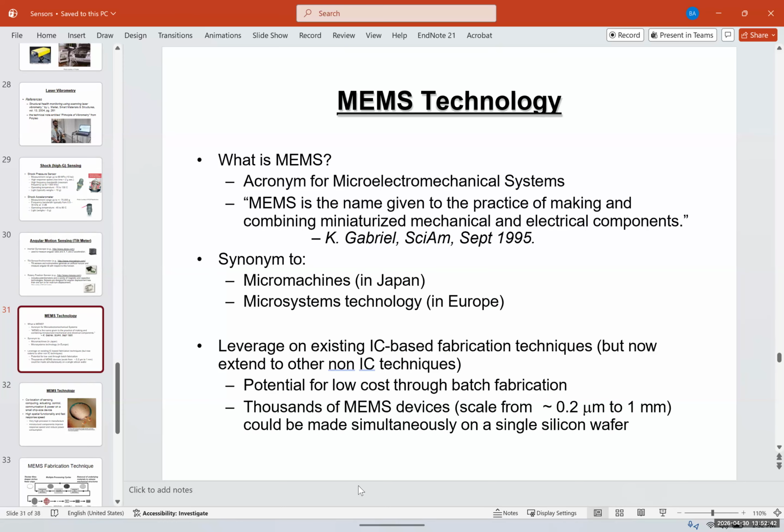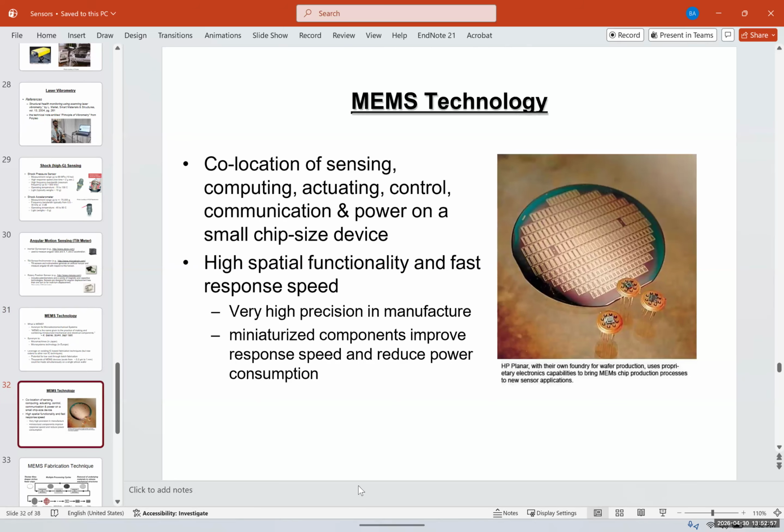It has a potential for low cost through batch fabrication, and thousands of MEMS devices scaling from 0.2 micrometer to 1 millimeter could be made simultaneously on a single silicon wafer. It follows the same principle as ICs. The students who had electronics with me, I already went through these ICs and the fabrication, and showed them some videos.